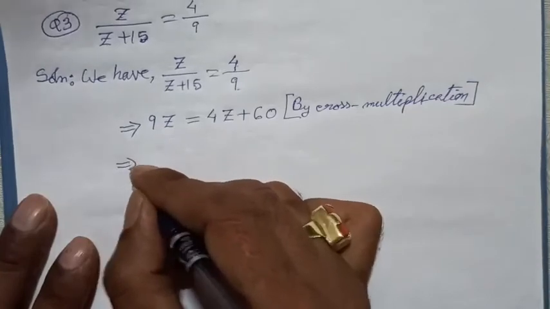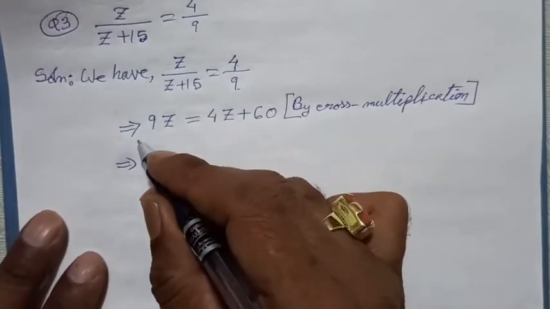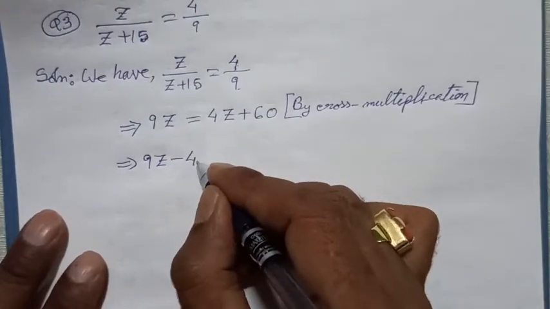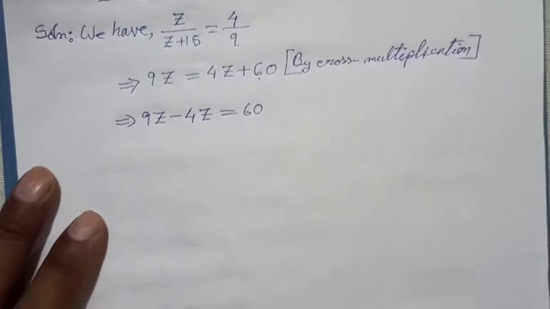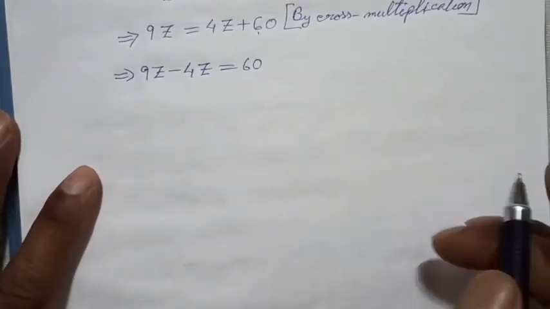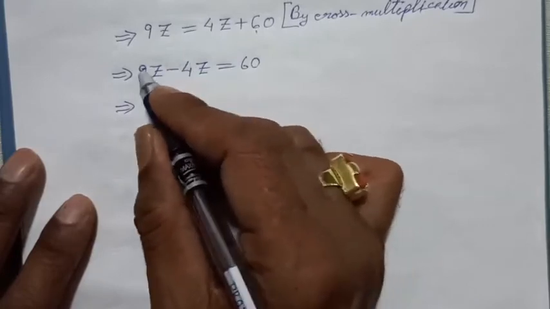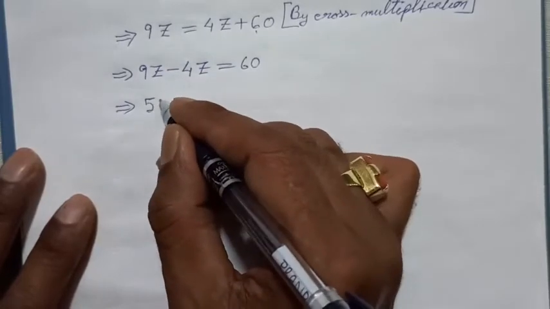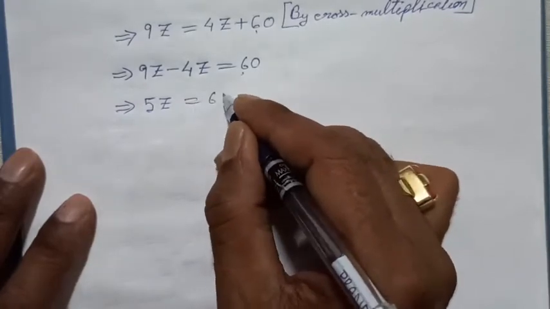Then next steps, 9z. If 4z is transposing to the other side, sign is changed, then minus 4z, then 60. Nine z minus 4z. If we subtract, we are getting 5z is equal to 60.